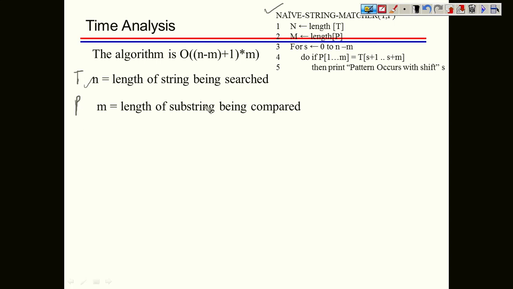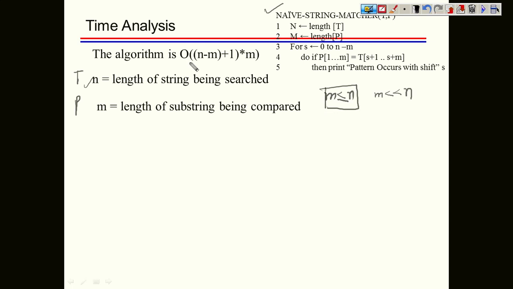Again repeating, m must be less than or equal to n. In general, m is very small compared to n. n is a text of larger size and m is of smaller size, but this is the mandatory condition.